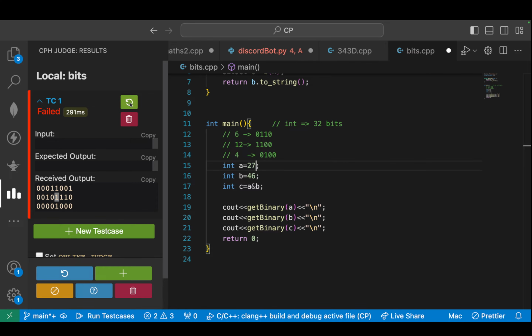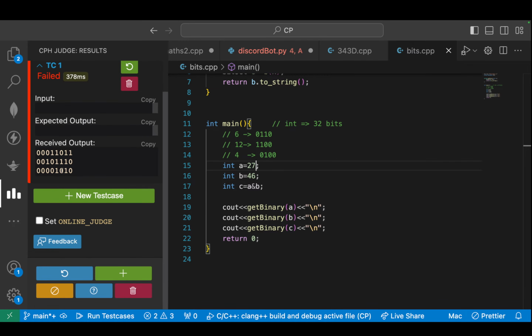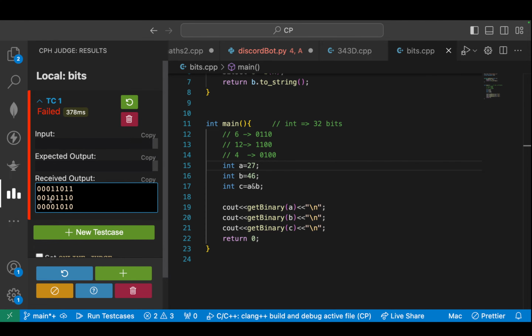So in this case 2 bits should be set in the final answer. Yeah, so over here 2 bits are set now. What you'll observe is that in both the numbers A and B, the first bit was set and the third bit was also set, and thereby in the result also the first and the third bit is set. So that's all about AND.